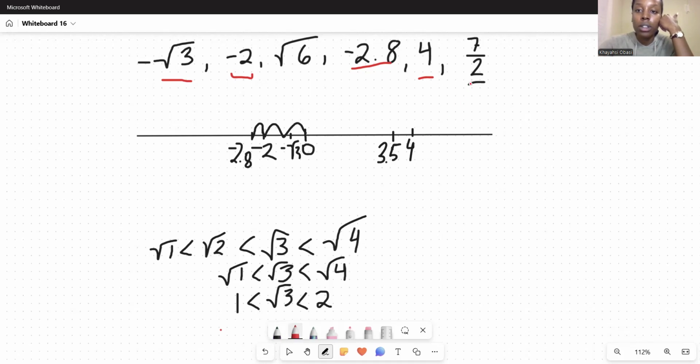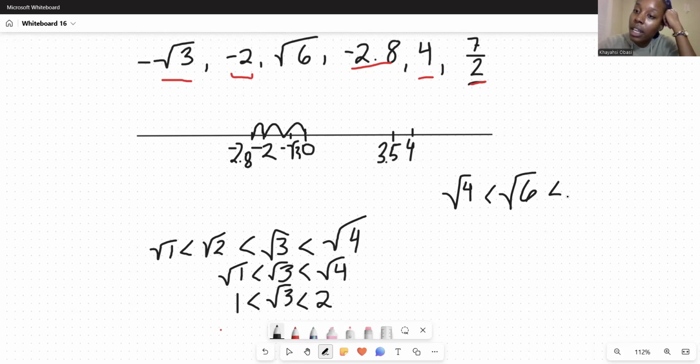Now, let's look at the square root of 6. We can use the same idea here. The square root of 6 is between two numbers. Let's say the square root of 5 and the square root of 7. But what is the square root of 7? What is the square root of 5? The square root of 5 is greater than the square root of 4, and we know what that is, so we'll just write that.